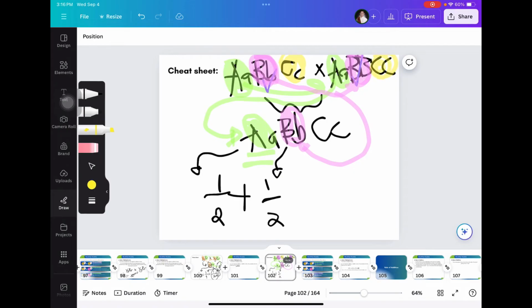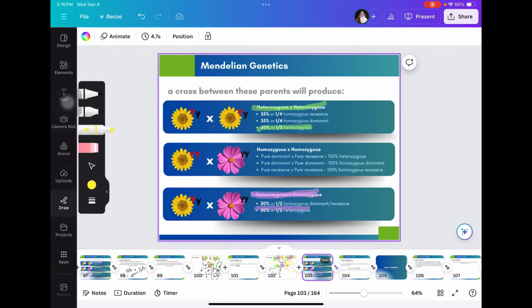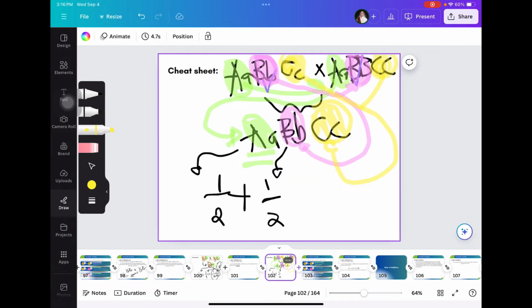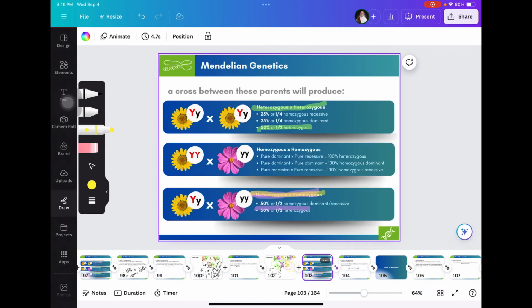Now we are done with our last trait, which is this one and this one. This is a cross between a heterozygous and a homozygous dominant, the same with the previous one. If we're going to cross this one and this one, what are the odds that they will be producing a heterozygous as well? So we're going to look at this cheat sheet because it's heterozygous times homozygous.